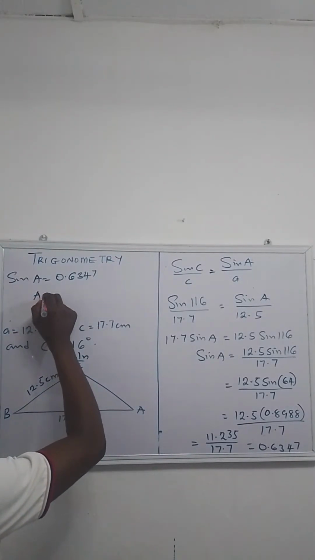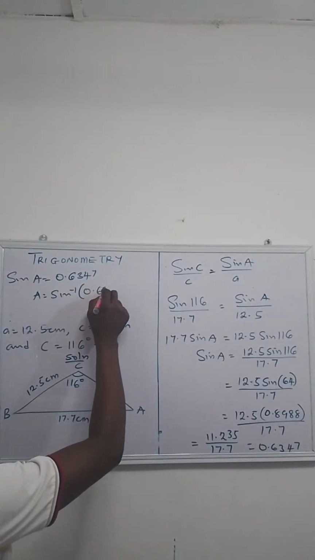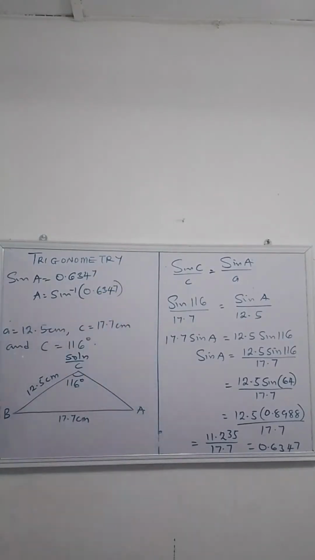Can you check that and drop your answer in the comment section so that we get this angle here? You know, when sine comes here, it becomes arc sine. So how do you do that in your calculator?